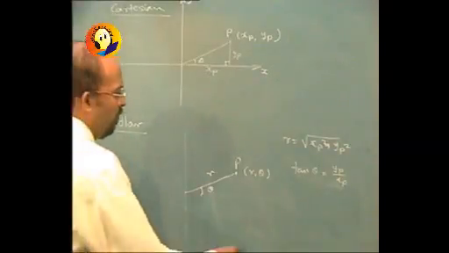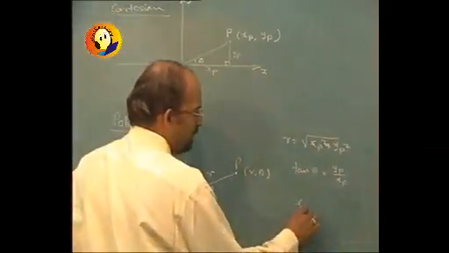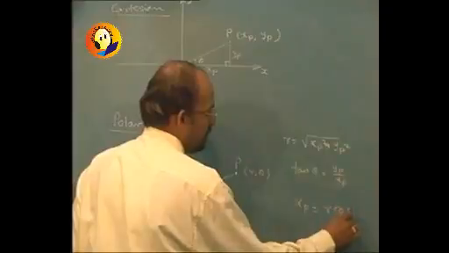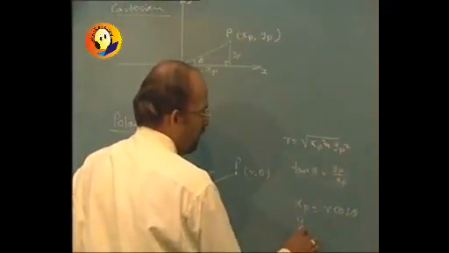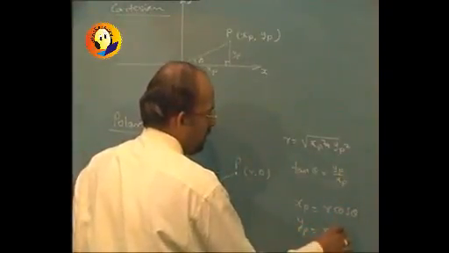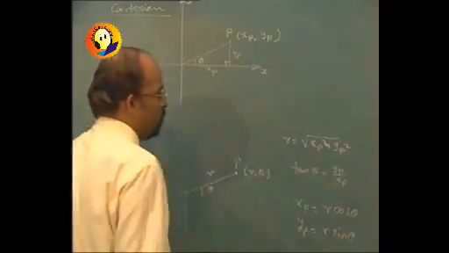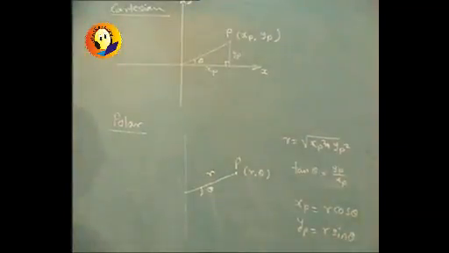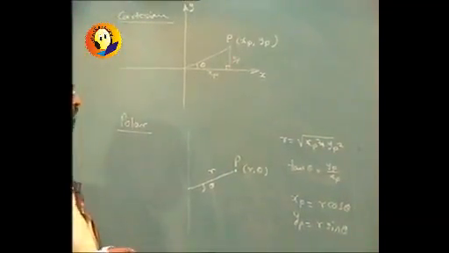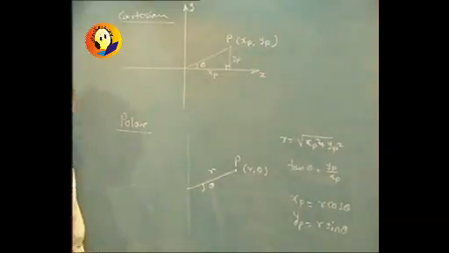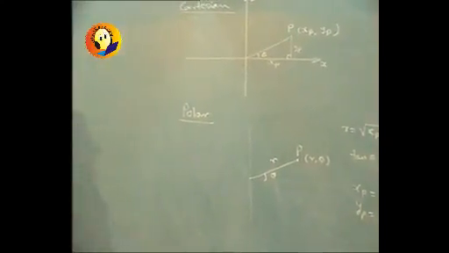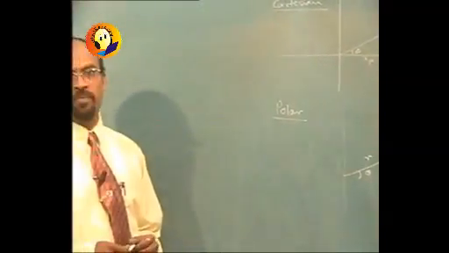or we can write it as xp is equal to r cos theta and yp is equal to r sin theta. So changing from Cartesian coordinate system to polar coordinate system will be with the substitution x is equal to r cos theta and y is equal to r sin theta.